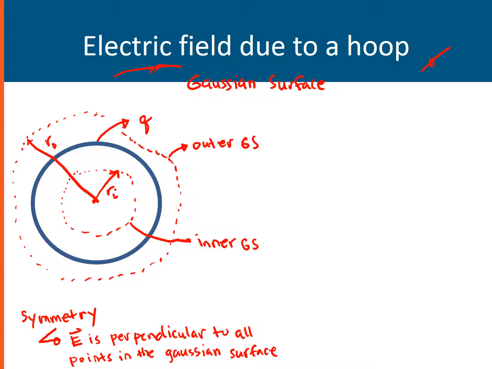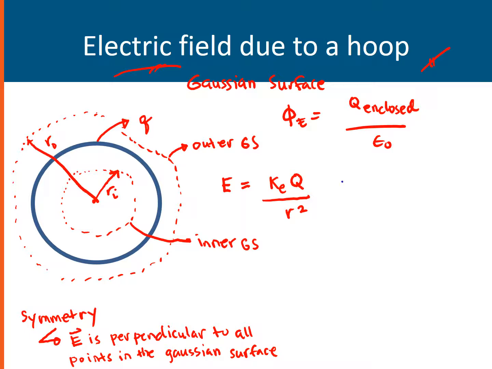Now according to Gauss's law, electric flux is just equal to Q enclosed divided by permittivity. And we were able to derive that the electric field through a spherical Gaussian surface is just equal to Ke Q enclosed divided by R squared.